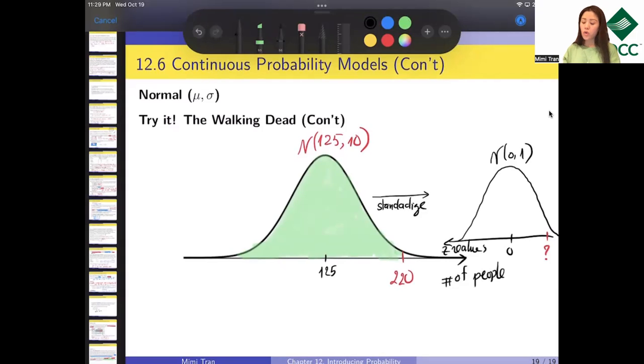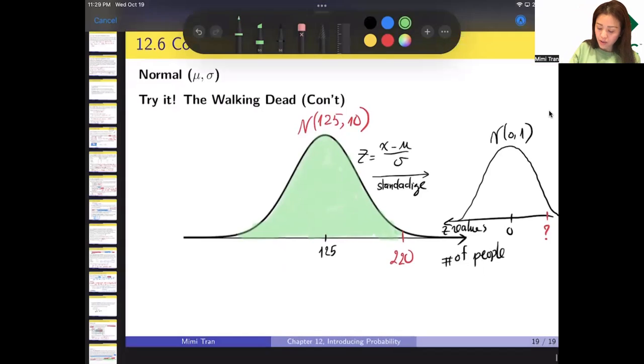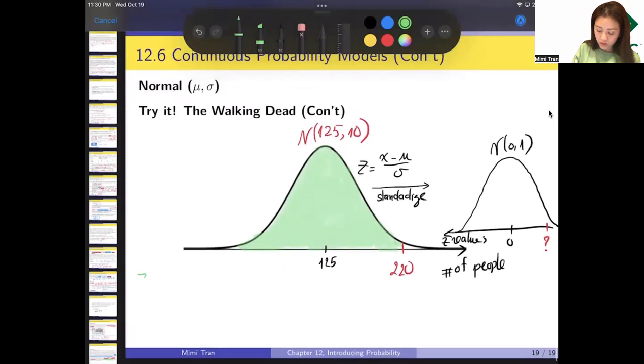I want to know the corresponding z value of the random variable value 220. So let's use the formula. The formula is z equals x minus mu divided by sigma. Remember, that's the standardized formula. Now you plug it in. So z equals x, which is 220, minus mu, which is 125, divided by sigma, which is 10.